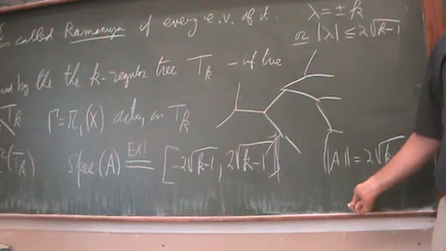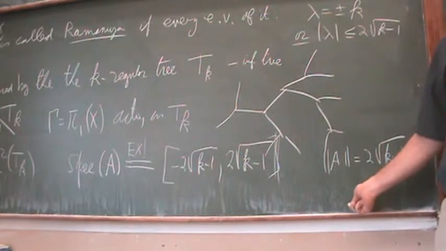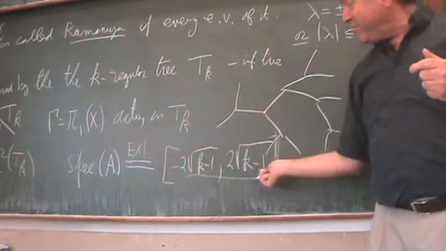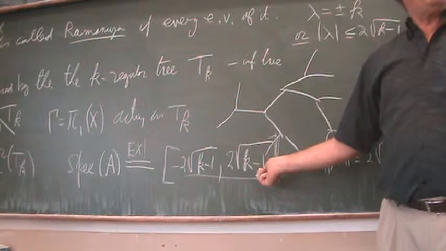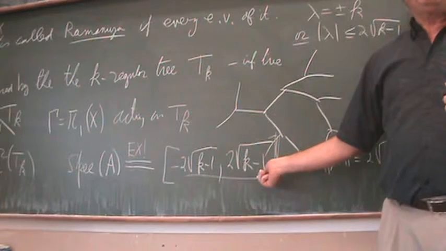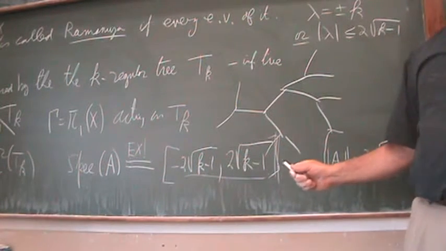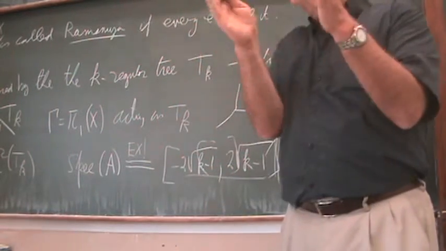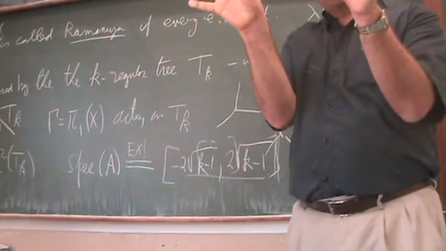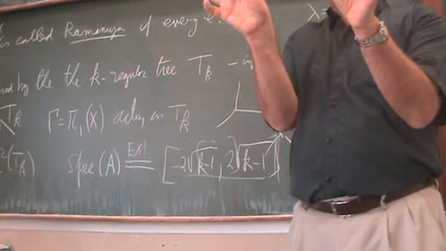But I don't think, and I don't know, that for every tree the spectrum is a continuous span, really like an interval. What happens, and I think there are cases, even in the biregular case, is that the spectrum is a union of two intervals.